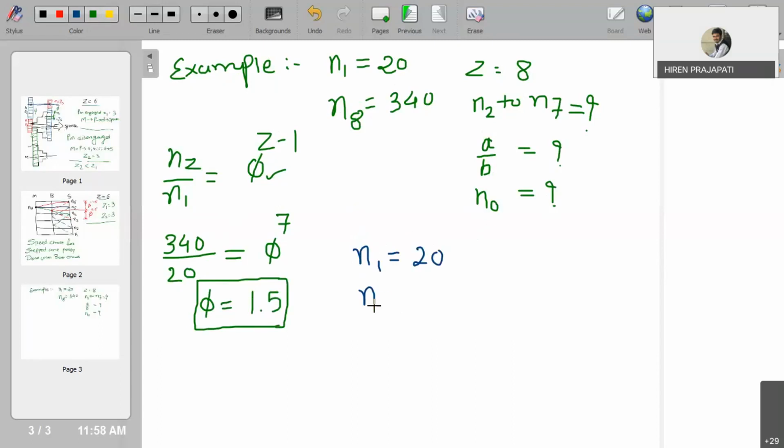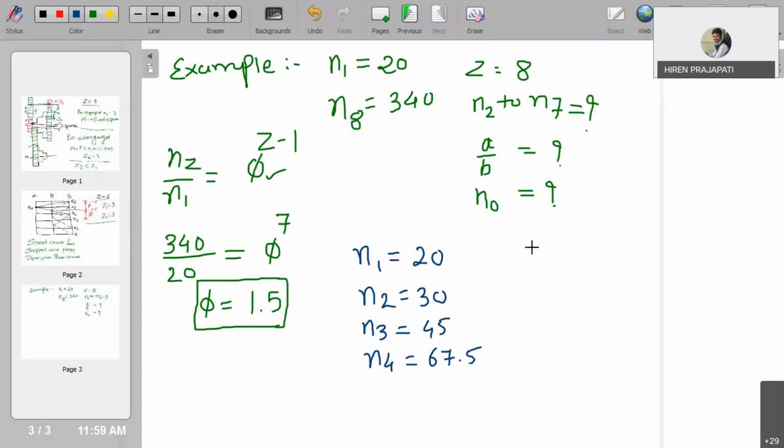Now N2, what is N2? It's 20 into 1.5, right? So N2 is 30. N3, 30 into 1.5, then we get 45. N4 is equal to 67.5.